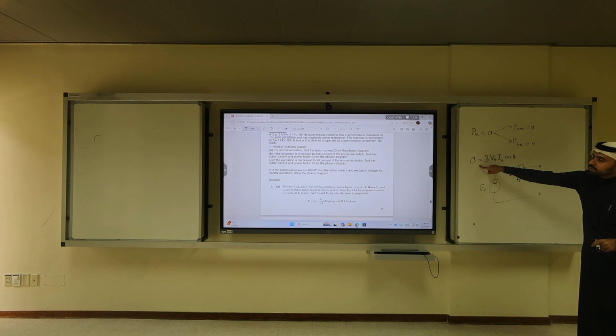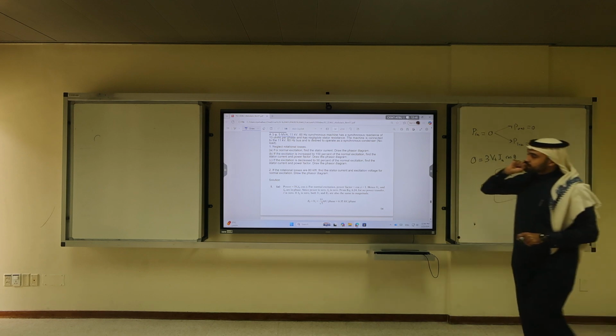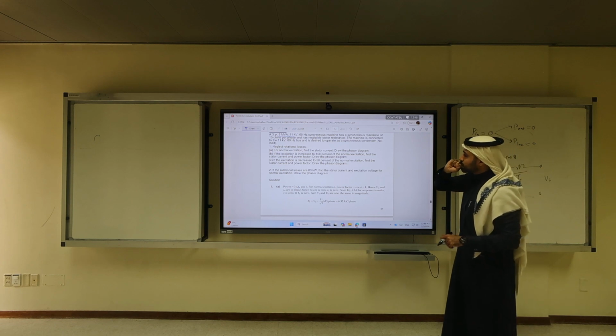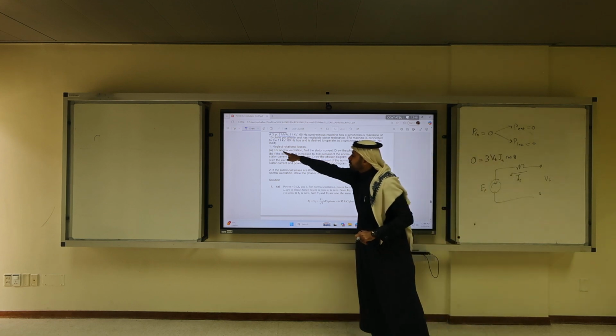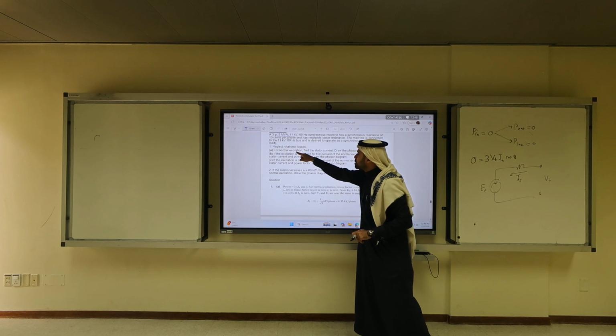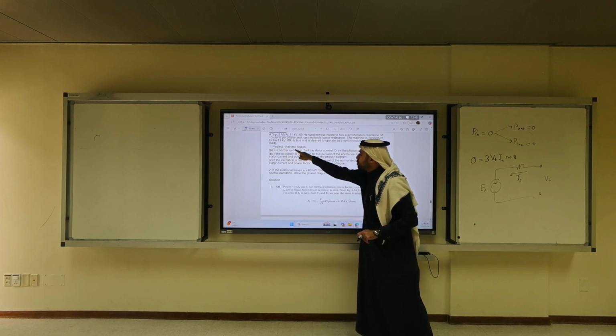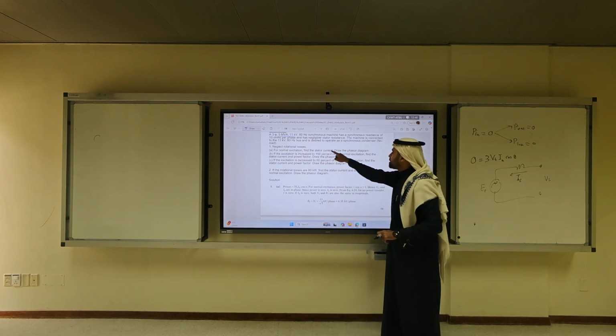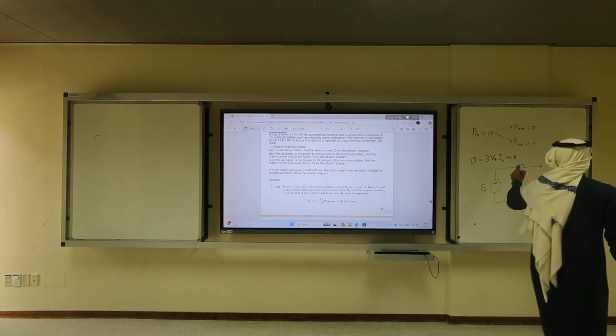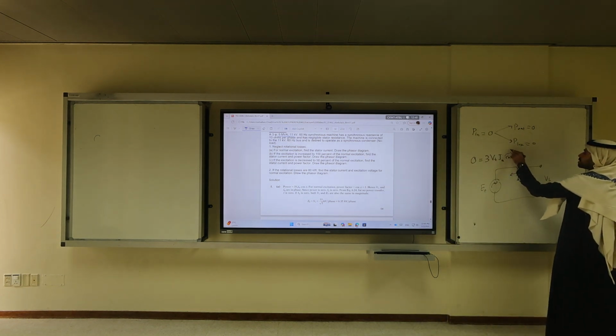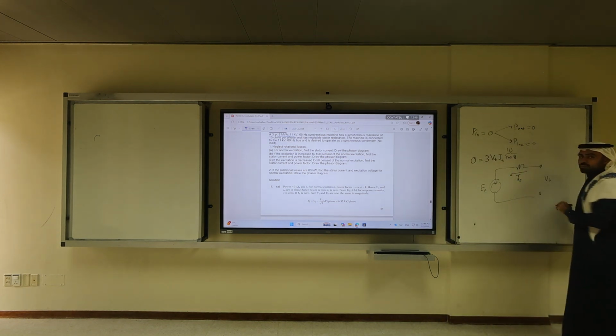Correct? Yes. But what is my cosine theta? Cosine theta is from the statement normal excitation. For part A, for normal excitation, find the stator current and the phasor diagram. So cosine theta is what? 1, because it's normally excited.